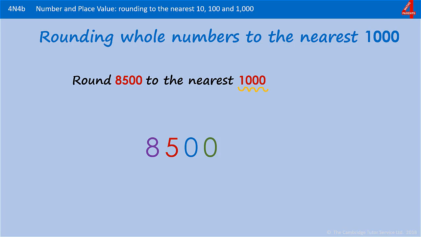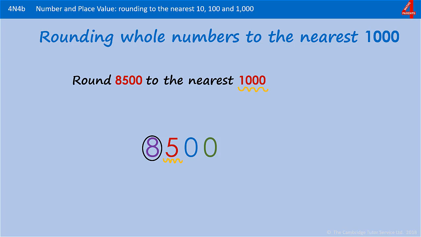Because we're looking at rounding it to the nearest thousand, we identify the digit that shows us what's in the thousands column, and here that's 8. We have 8,000. Remember from the previous videos that we have a number that decides what's going to happen to the multiple that we're rounding to. Beside the thousand is the hundreds column, and we have 5 hundreds.